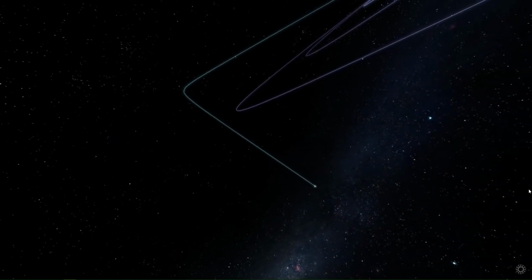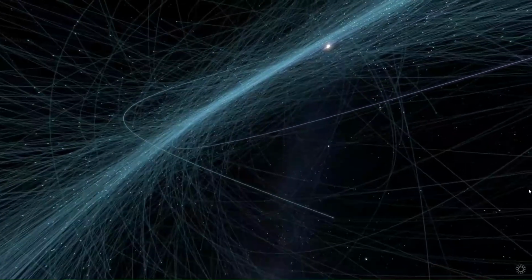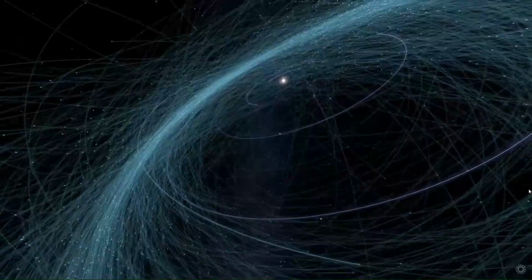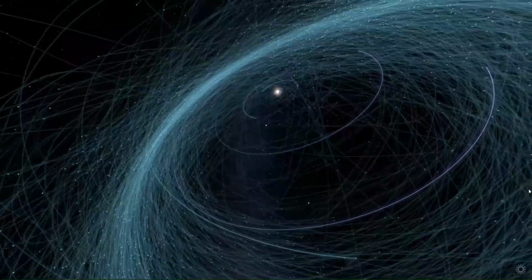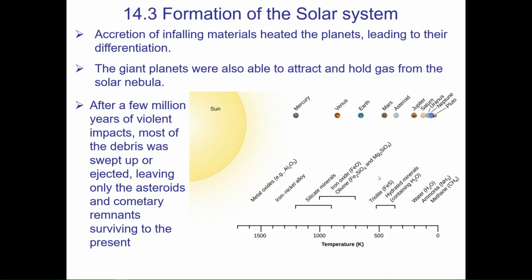Today, the orbits of Pluto and other Kuiper Belt objects show exactly this pattern. The tiny icy worlds that inhabit the outer reaches of the solar system provide evidence for an ancient interplanetary transformation. You can see from the video exactly how that debris is cleared out by the giant planets.